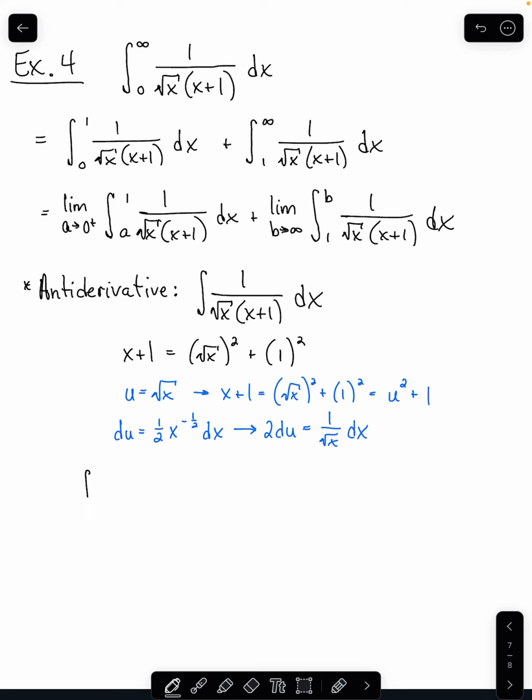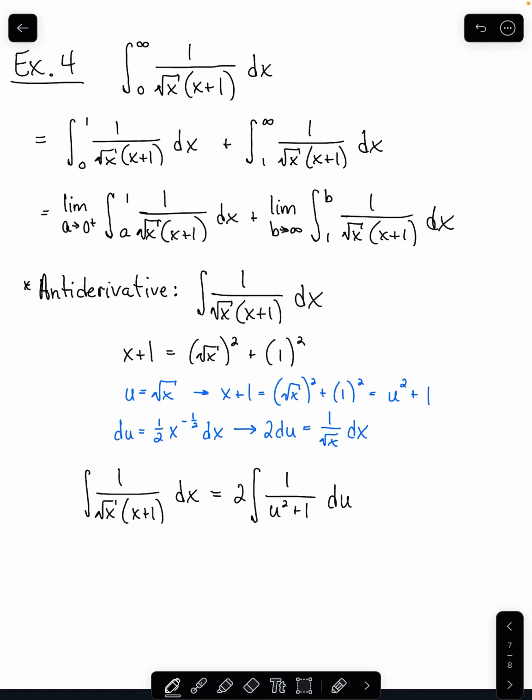Thus, our integral of 1 over the square root of x times x plus 1 dx can be rewritten as 2 times the integral of 1 over u squared plus 1 du, where the 1 over square root of x dx is replaced by the 2 du.